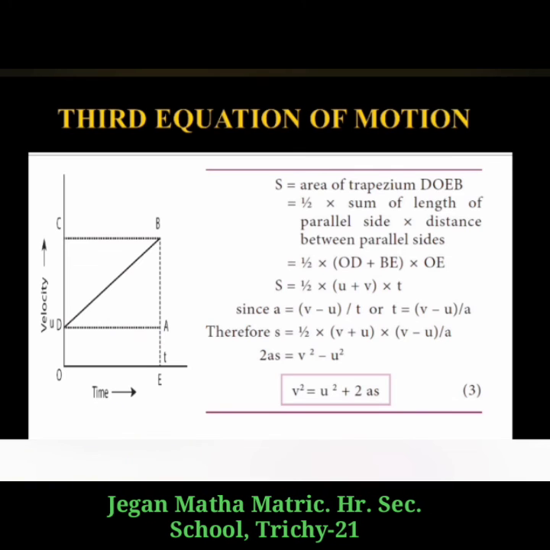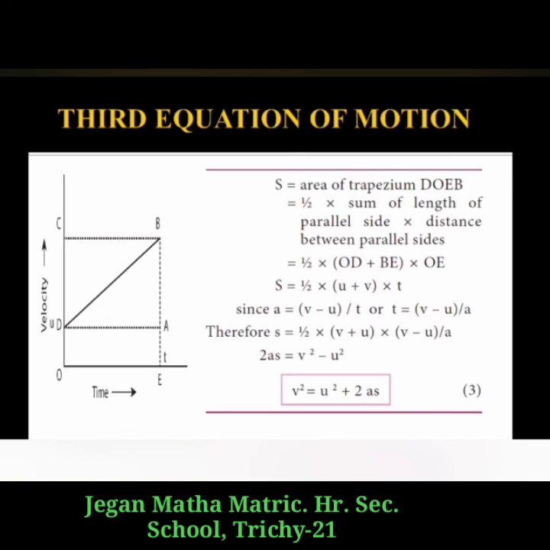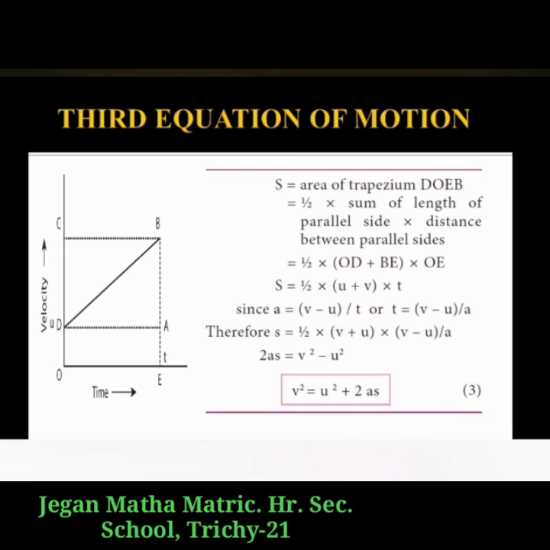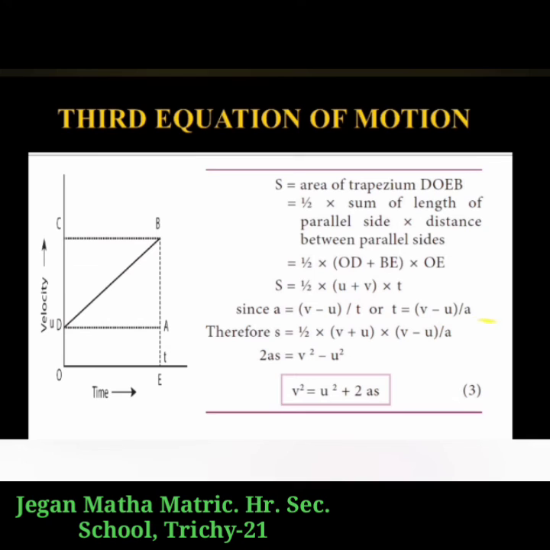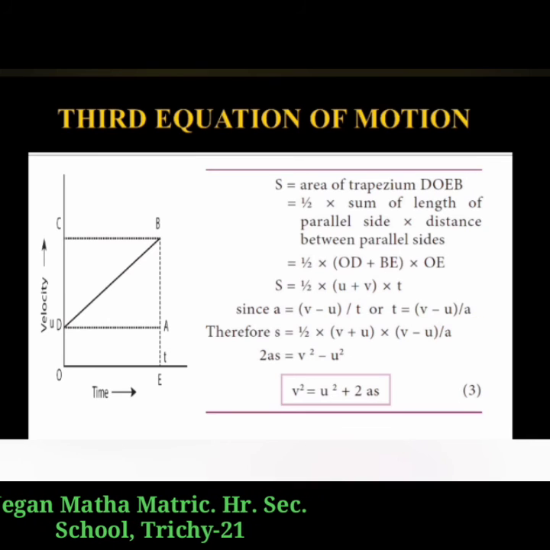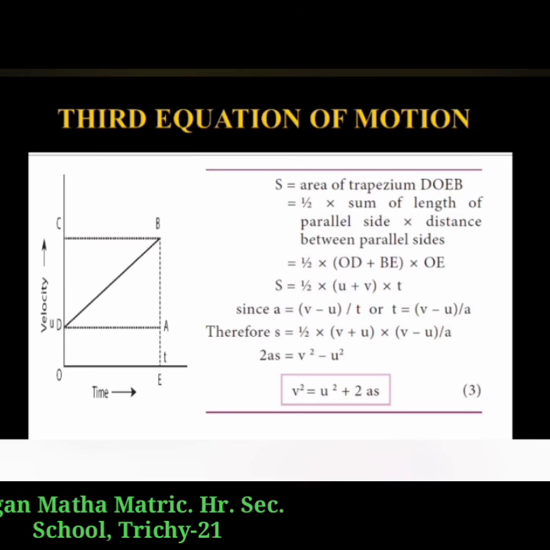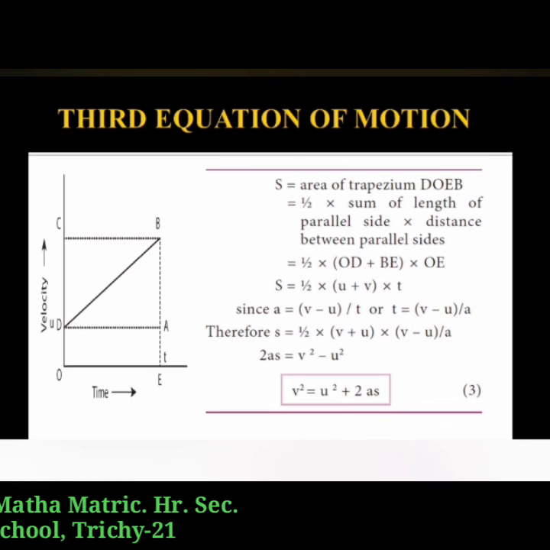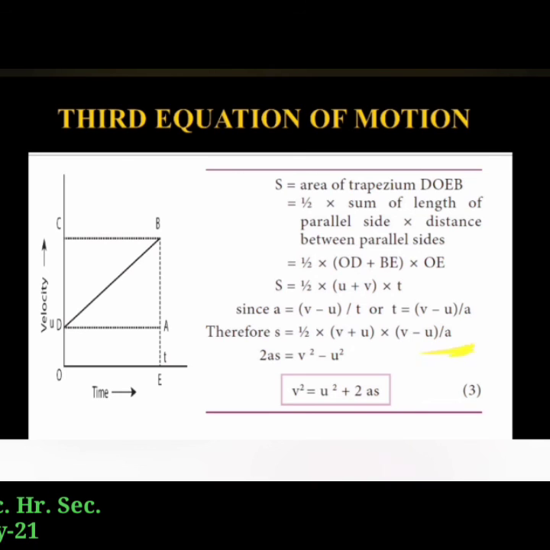Since a is equal to v minus u by t, acceleration is equal to change in velocity by time, from this t is equal to v minus u by a. We substitute this value of t. So s is equal to half into v plus u into v minus u by a.